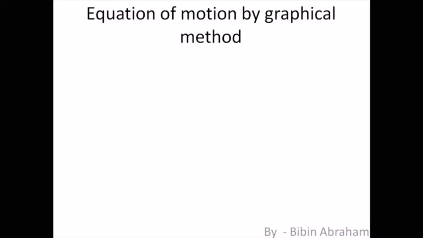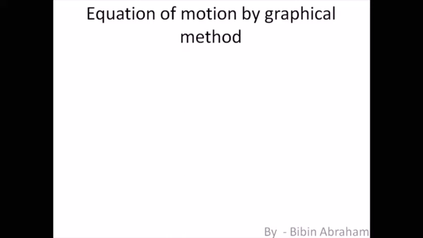These equations will tell you how fast you are going while you're traveling, at what speed you are going, how much displacement, how much distance you would have traveled in your motion, how much time you would have taken, and what is your acceleration. This information can be deciphered by your equations of motion, right?